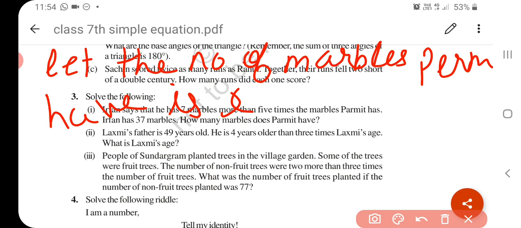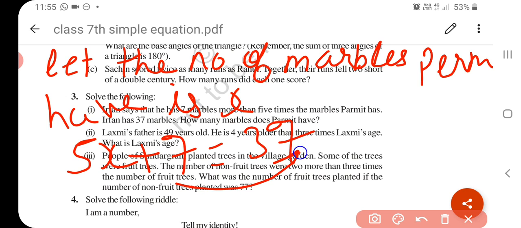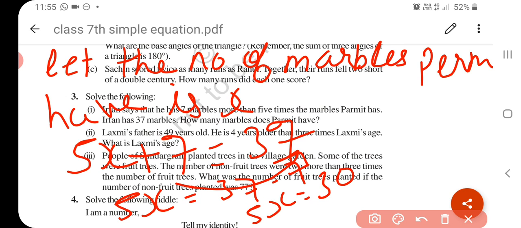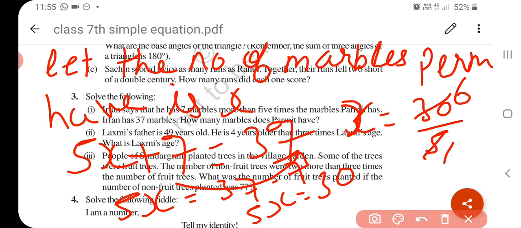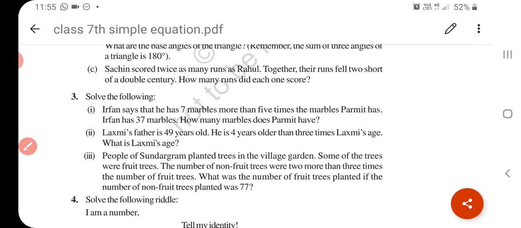So 5 times x means 5x, plus 7, that is equal to what Irfan has. So now you have to solve. 5x is equal to 37 minus 7, that is 5x is equal to 30, and then transpose 5 from LHS to RHS, so x is equal to 30 upon 5. So the value of x is 6. So Parmeet has 6 marbles. Understand? So this type you have to solve question number 3.